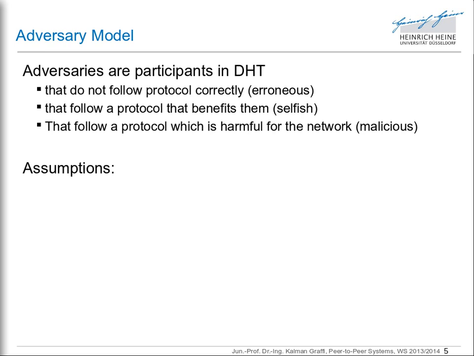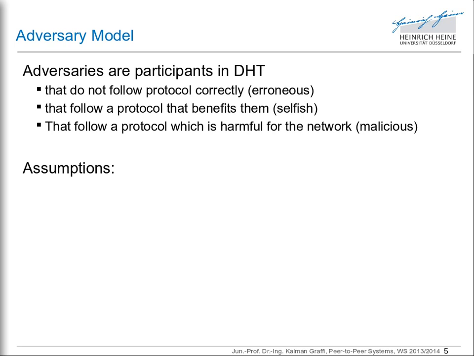The other category are nodes that follow a protocol that benefits them. So these nodes want to have less cost, for example less traffic, but want to get the best quality. For example, in Kademlia, a node may state it is transient to avoid other nodes adding it to their routing table.